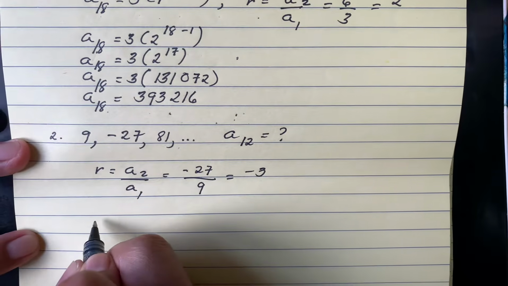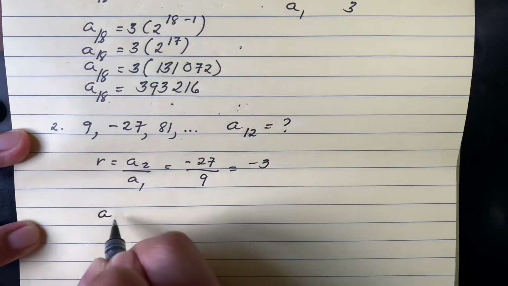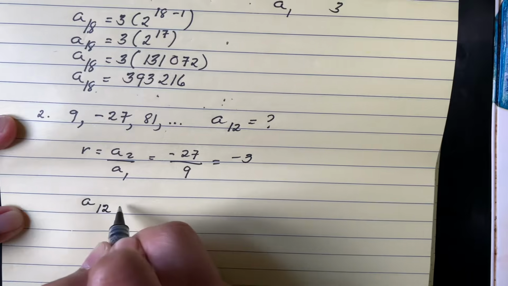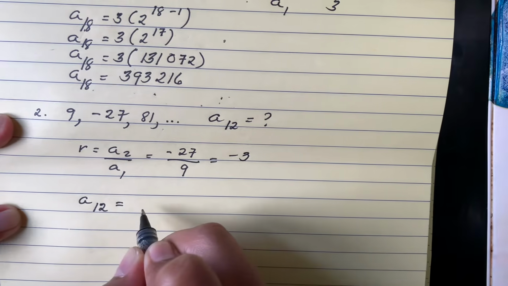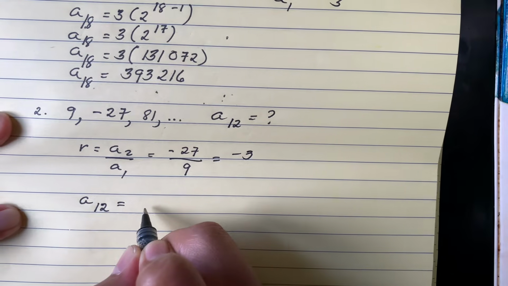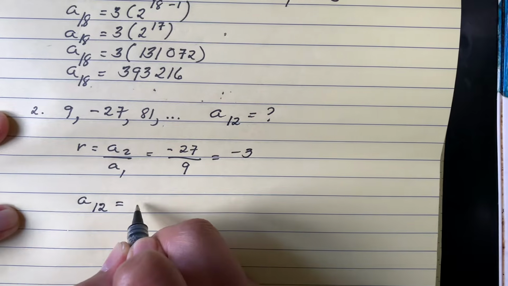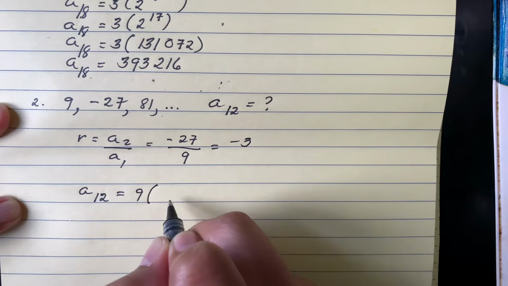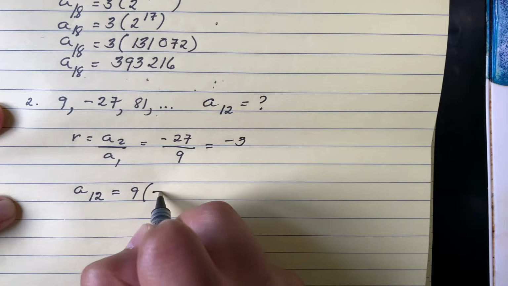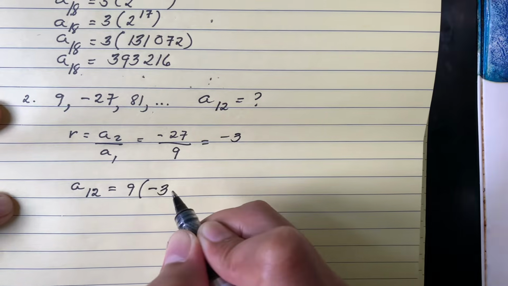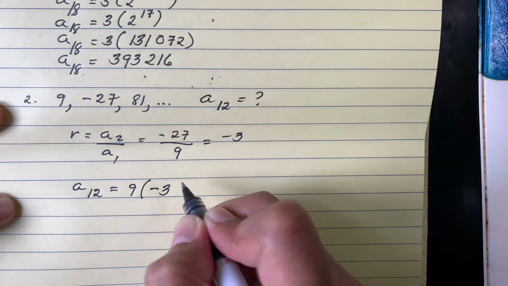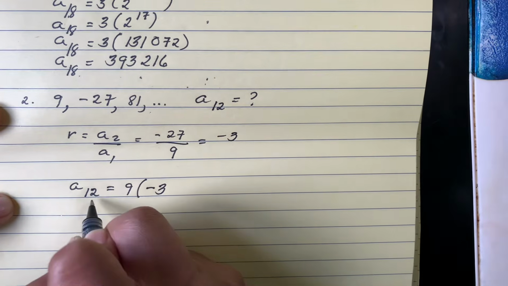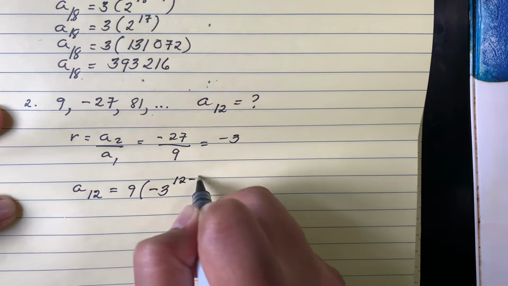So now, using your formula, a sub 12 is equal to, we have our a sub 1. What is our a sub 1? It is equal to 9. Then, times our common ratio, negative 3, raised to the power of n, which is 12 minus 1.